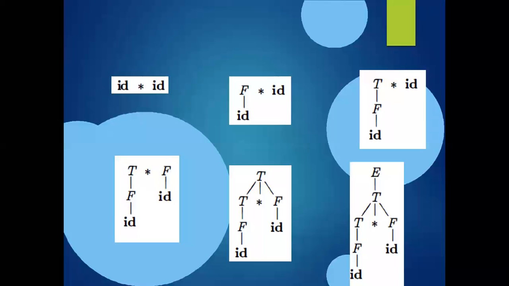See, the input string here is ID star ID, and what we are generating here is the starting symbol of the given grammar. What is the starting symbol of the given grammar? E. The starting symbol of the given grammar is E, right?